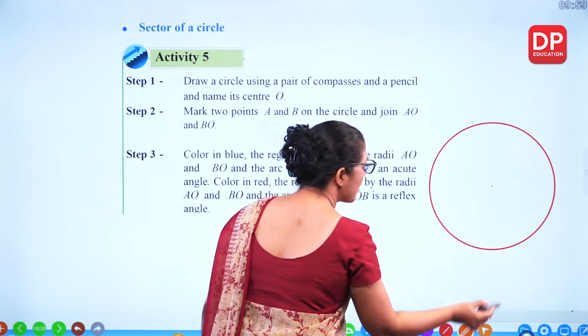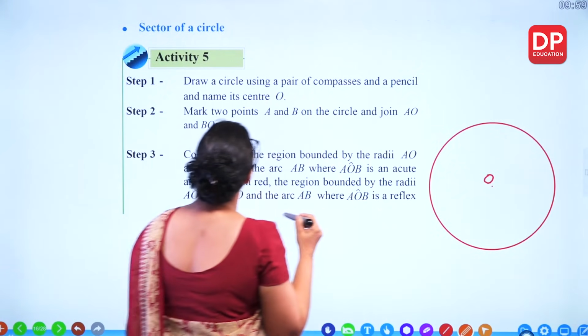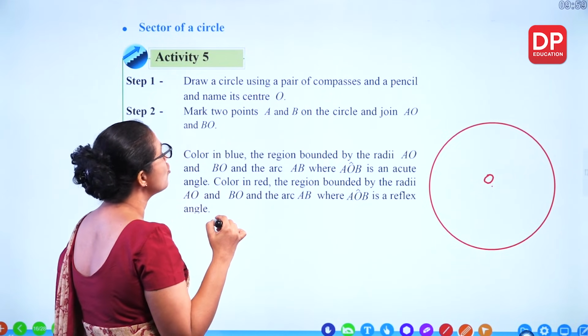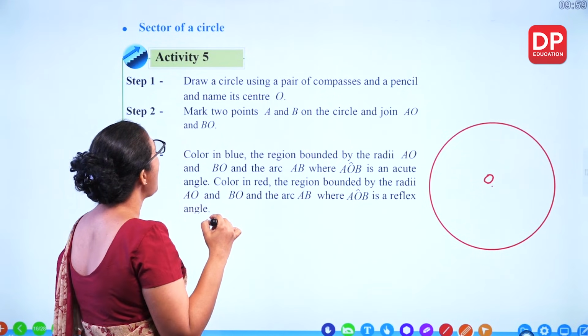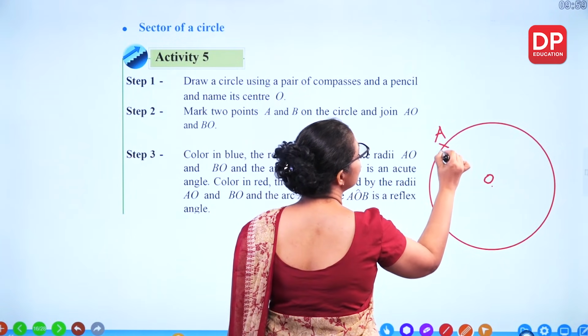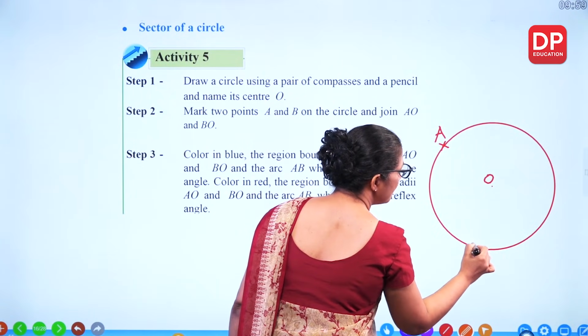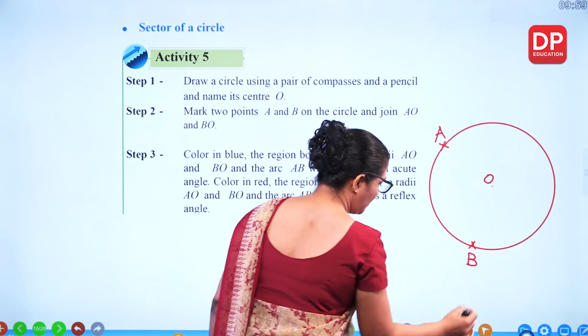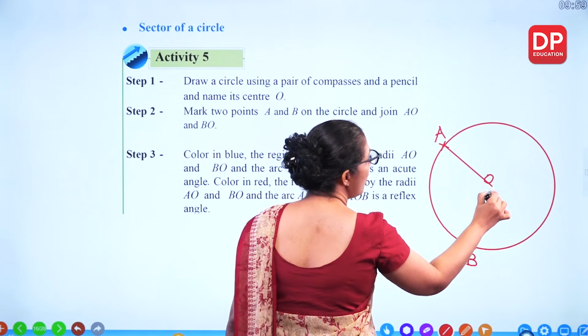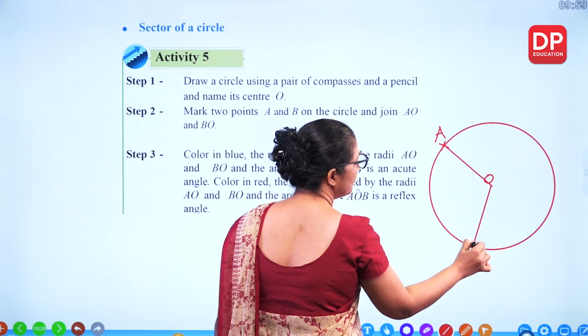Then mark the center O. Mark 2 points A and B on the circle and connect AO and BO.